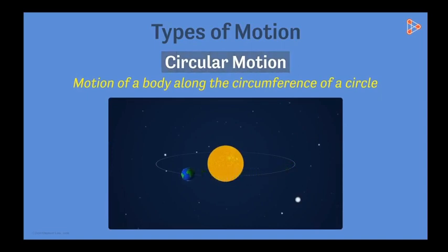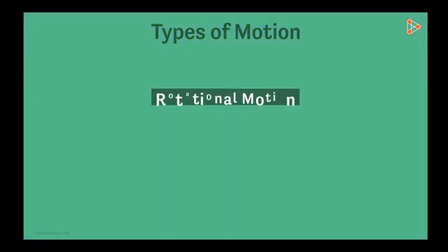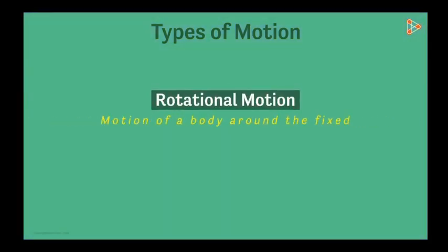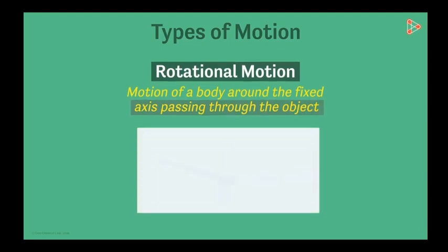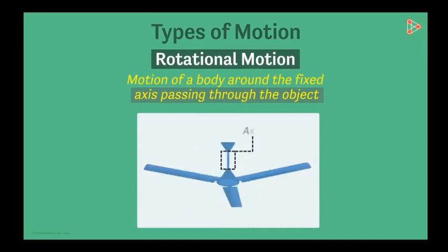The third type of motion that we saw is a rotational motion. It is the motion of a body around a fixed axis which is passing through the object. This is important. The axis has to pass through the object. Example of rotational motion is a ceiling fan rotating along its axle.